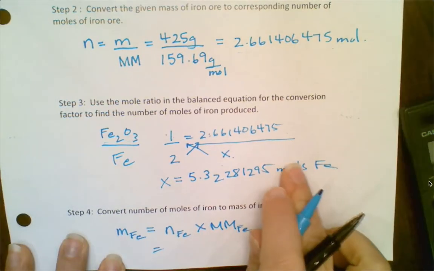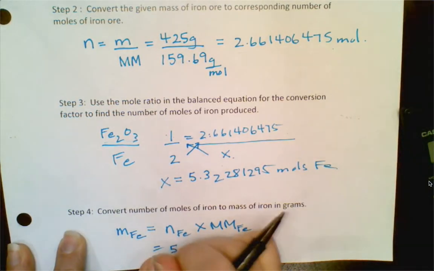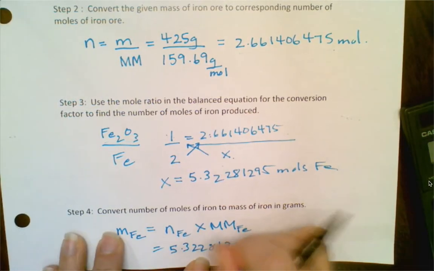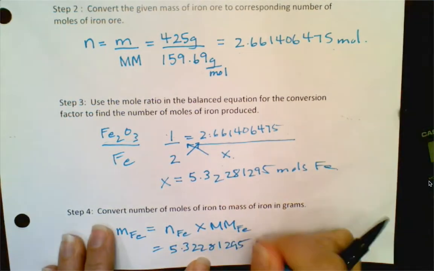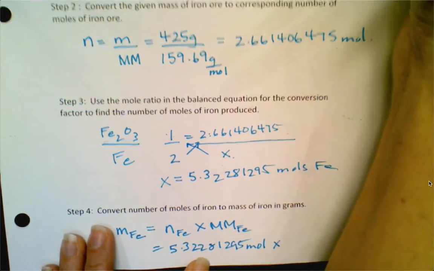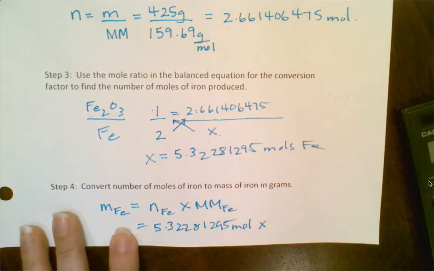So I have this mole value written up here, 5.3228125. It's important not to round early on, because if you do, then your answer is not going to be as accurate as it should be.